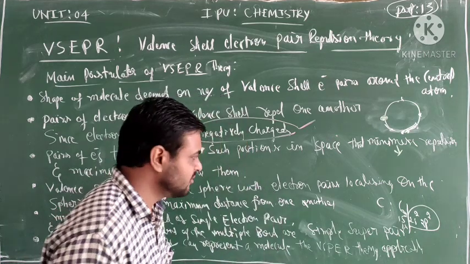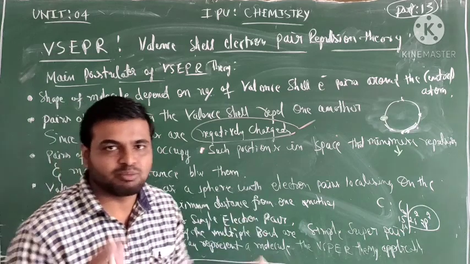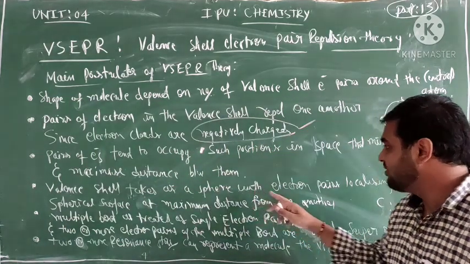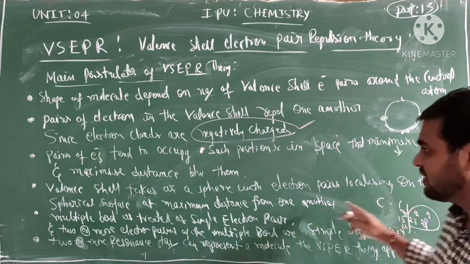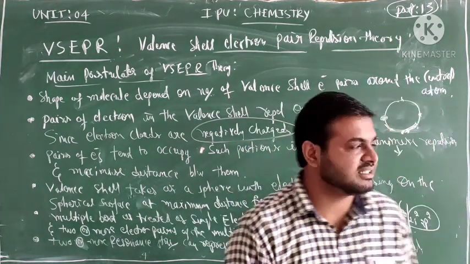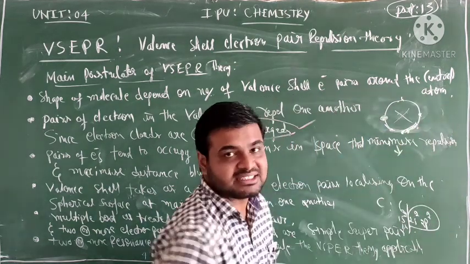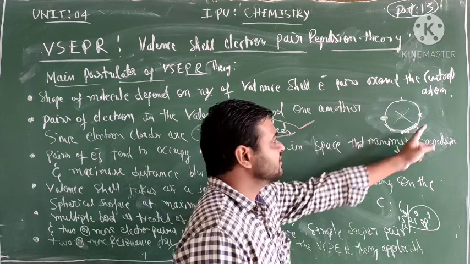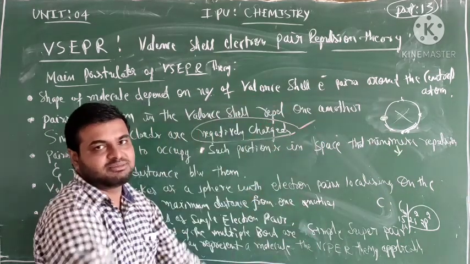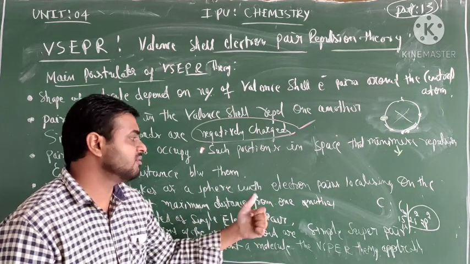So what you should do is consider the valence shell as a sphere, consider it as a ball. In it they are on the surface, not on the inner side. They do not get located inside, only on the surface. The surface of the sphere is where they are located, and it will give maximum distance. Okay, maximum distance from one another.